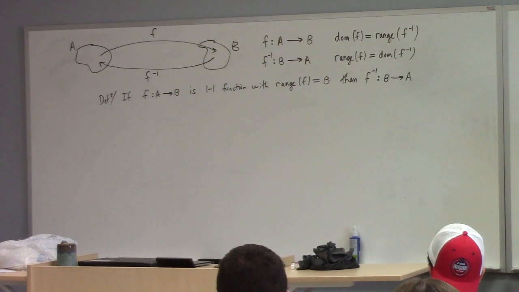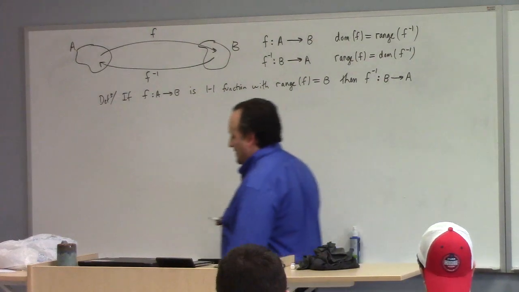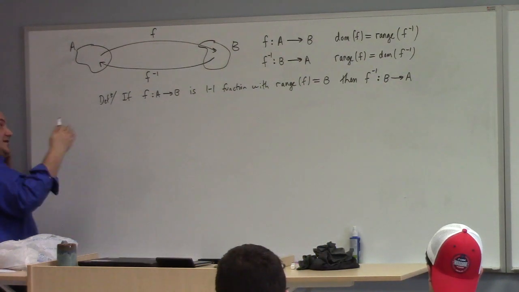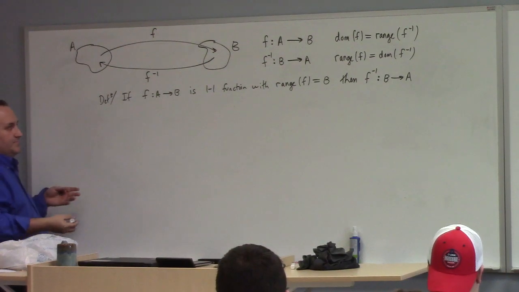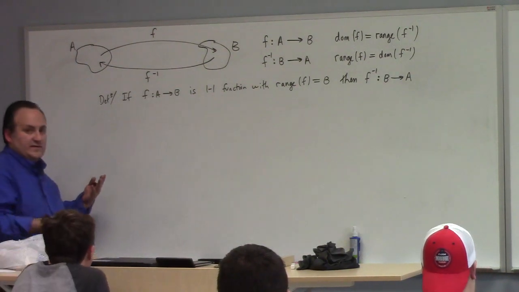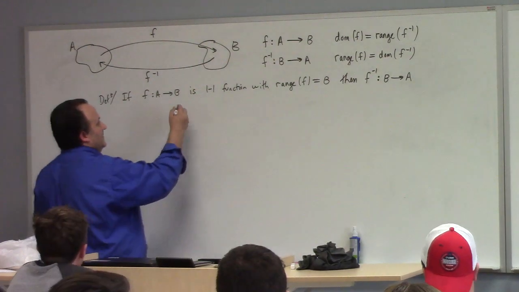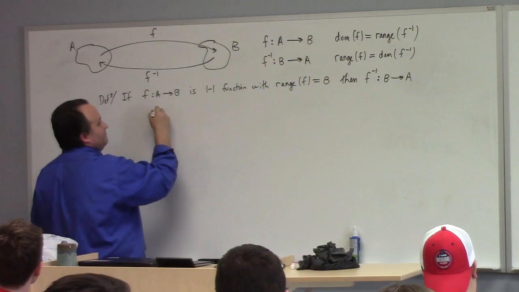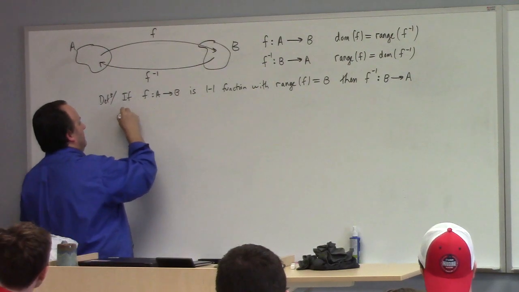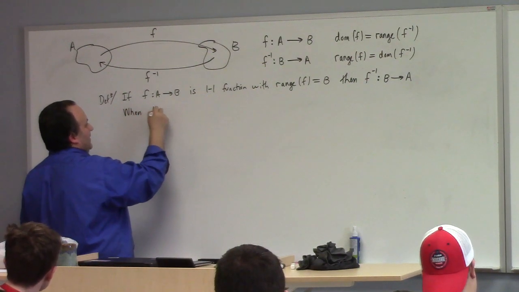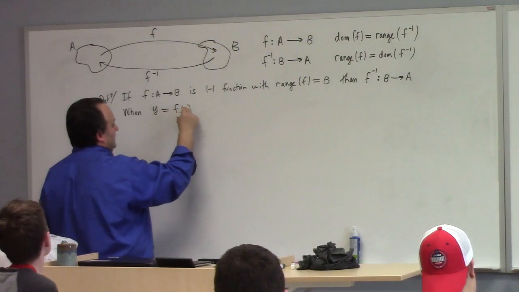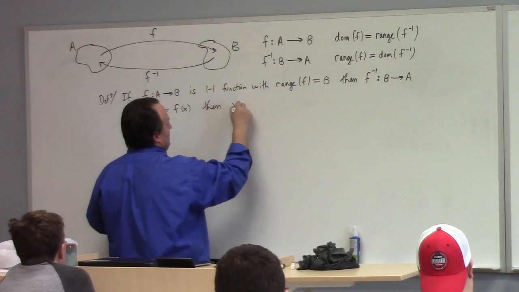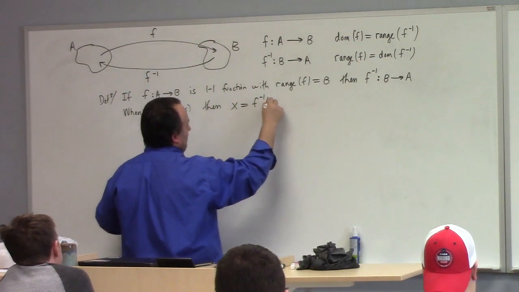Michael, I was just telling them that the function goes from A to B, the inverse function goes from B to A, and the inverse function basically undoes what the function does, all right? So to write that down systematically, here's how it goes. When y is equal to f of x, then x is equal to f inverse of y.